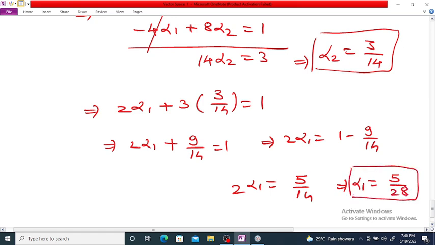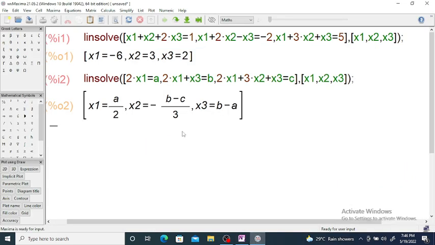We are going to check whether it is correct or incorrect. So again we are going to use Linsol here.